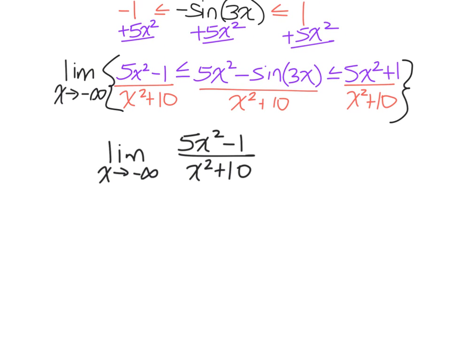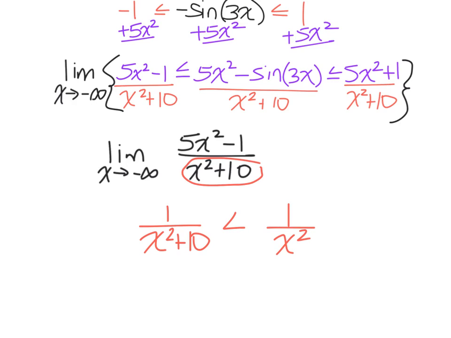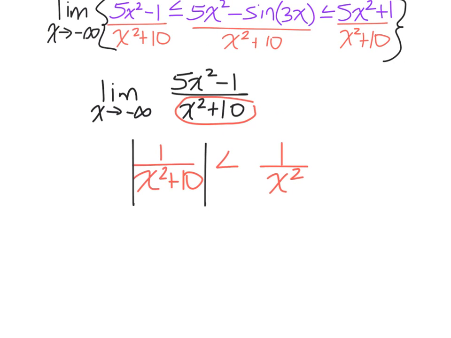So I'm going to focus on the denominator. 1 over x squared plus 10 and its parent function, 1 over x squared. What's the relationship between these two? 1 over x squared plus 10 is smaller, yep. All right. We want absolutes on this so that we can manufacture the squeezing. So by taking the absolute, we're taking positive, negative, 1 over x squared. So one will be on the high side, one will be on the low side.